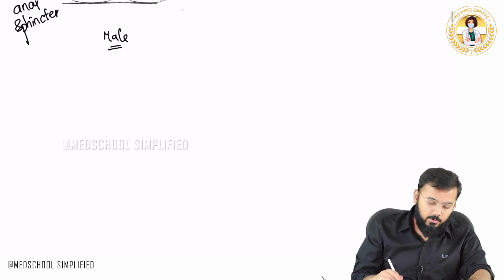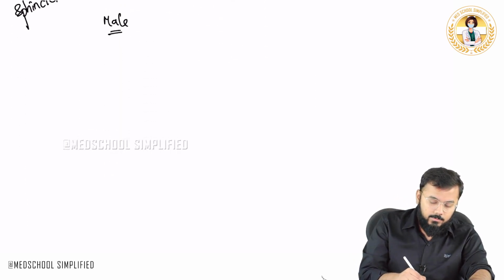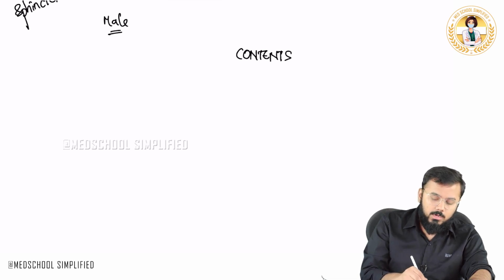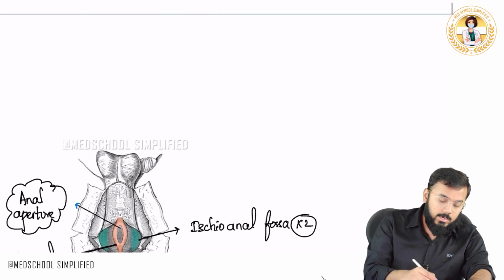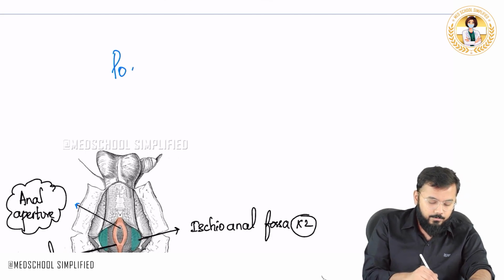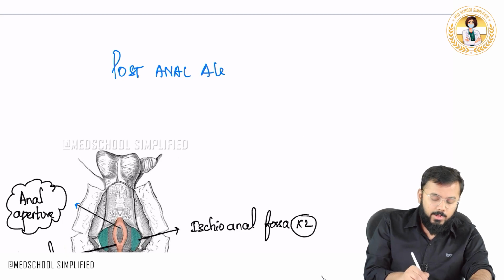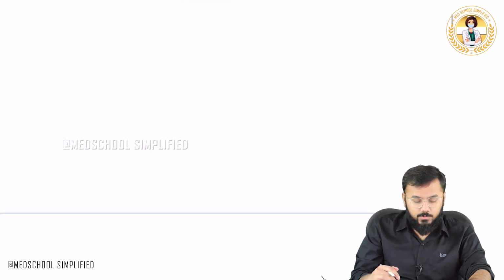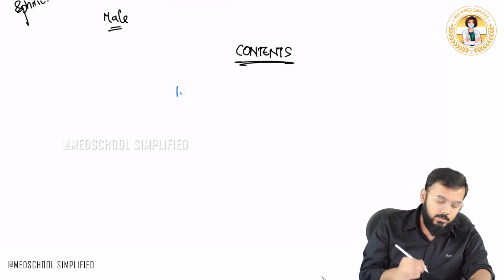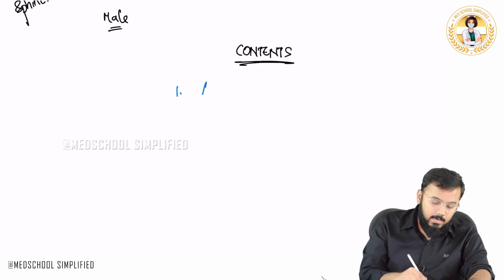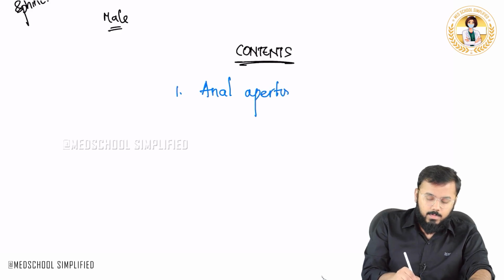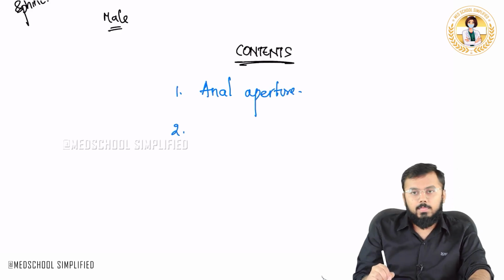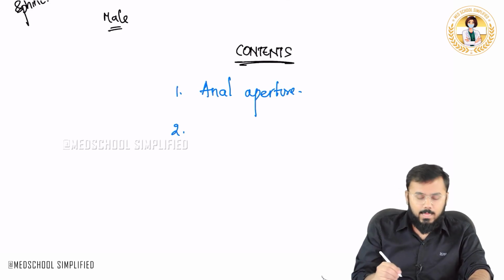So overall, if I have to write down the contents of the posterior anal triangle, what will they be? The first important content is the anal aperture. Second is the external anal sphincter.